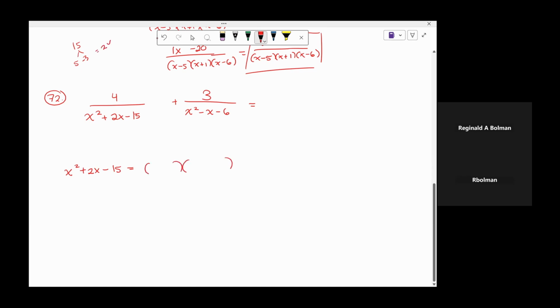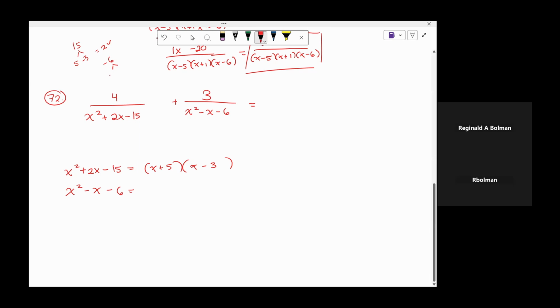So what that tells me is I'll have x plus 5 times x minus 3 as my factors for x squared plus 2x minus 15. And I'm going to do the same thing for x squared minus x minus 6. I'm going to do prime factorization on a negative 6, and what I'm looking for is something that will add to negative 1.